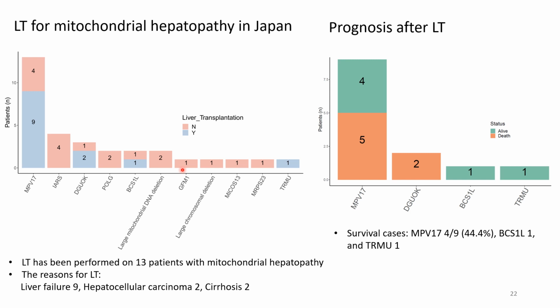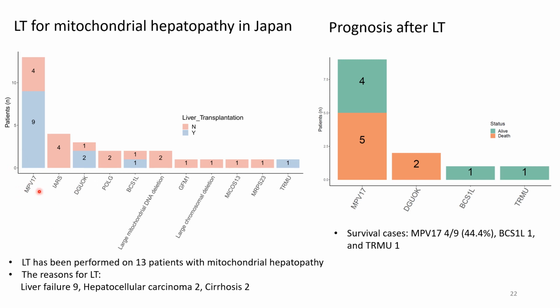This slide shows the frequency of liver transplantation of mitochondrial hepatopathy in Japan. Liver transplantation has been performed on 13 patients with mitochondrial hepatopathy, mostly for MPV17 patients.